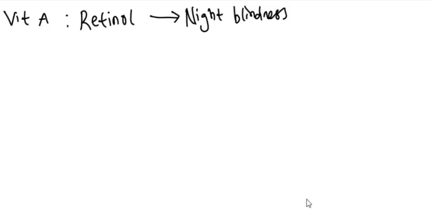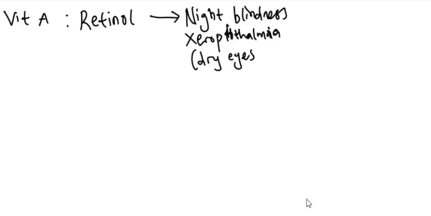It can also cause xerophthalmia. Like I said before, xero means dry, so this is called dry eyes. So when you are deficient of vitamin A, night blindness can occur, your eyes become dry.